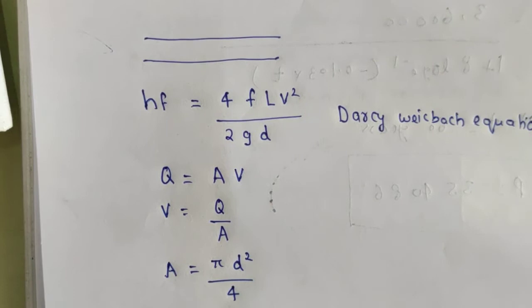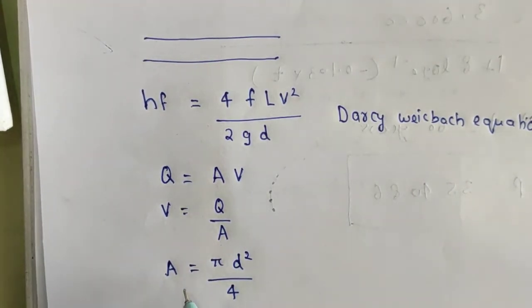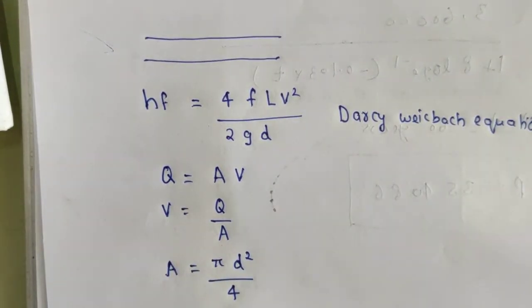This is your area of cross section in which the flow is taking place. When you know that V is equal to Q by A and A is equal to pi d square by 4, you can convert the equation for head loss due to friction to an equation in terms of flow rate.